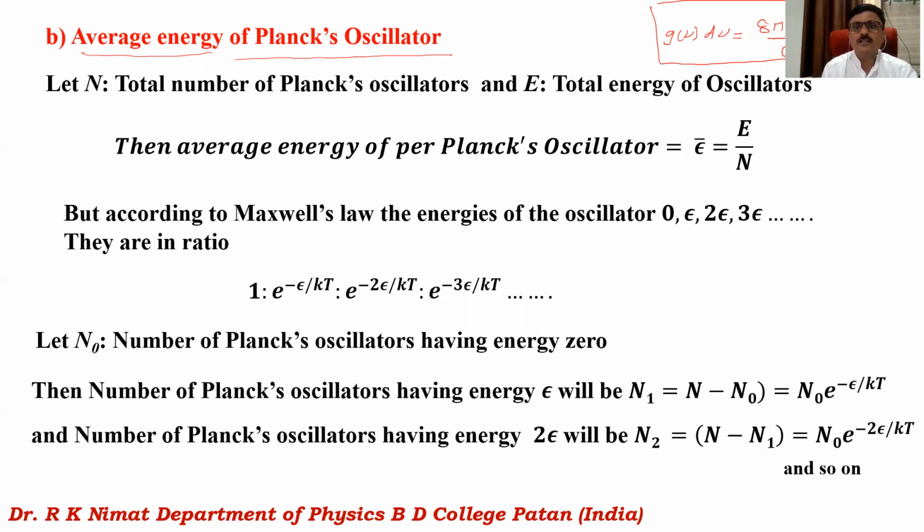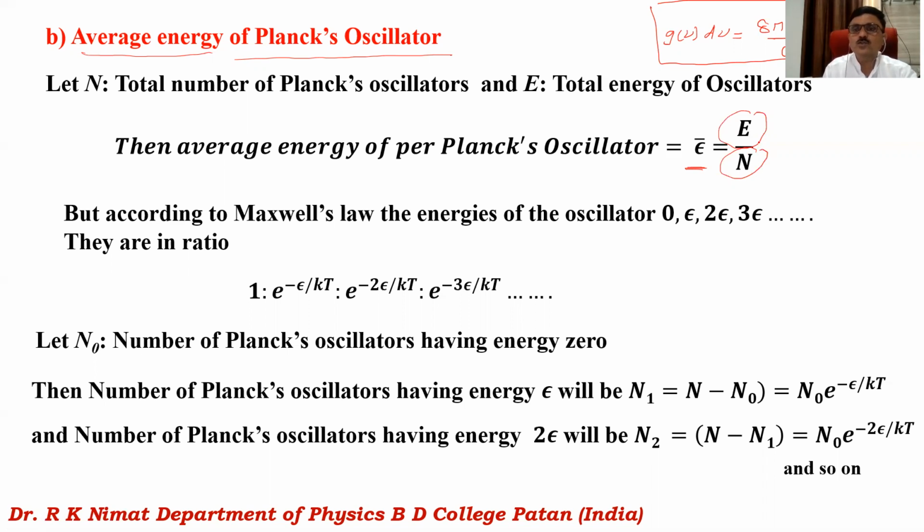So in order to calculate the average energy of the Planck oscillator, suppose we call it epsilon bar. It will be given as the total energy of the oscillators divided by the total number of oscillators.